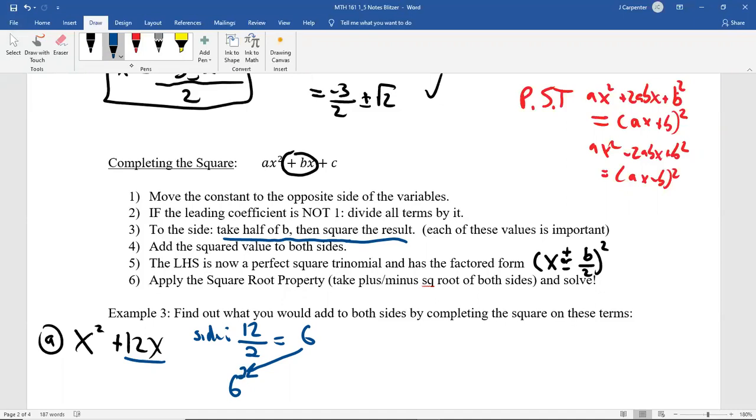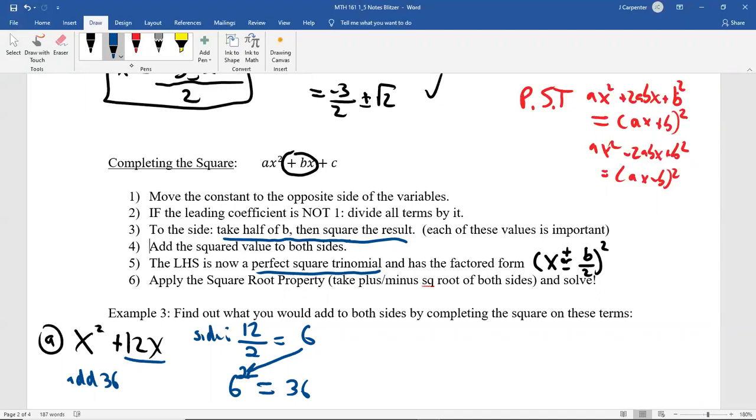So we take the 6 and we square it, and 6 squared is 36. That's all I'm asking for this problem. Find out what you would add to both sides by completing the square on these terms. So if this was x squared plus 12x equals 15, you would be adding 36 to both sides. That would help you create your perfect square trinomial.